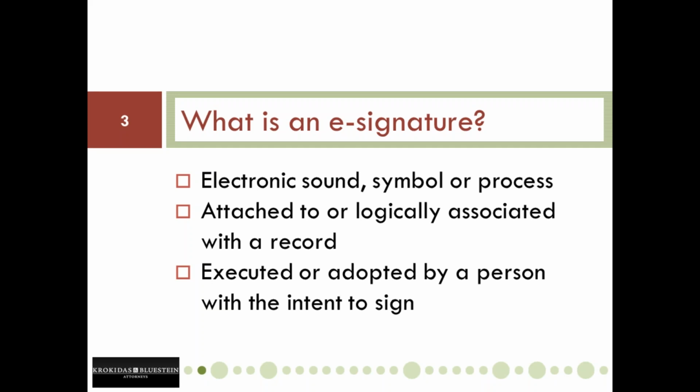Now, with regard to the second element, attached to or logically associated with a record, it's a less looked at element in the 3-element test. I think a key way to think about this element is to distinguish a voice message from a phone call. If you're speaking with the other side in a transaction by phone and you tell them, I agree to the sale of this piece of real estate, that conversation isn't recorded.